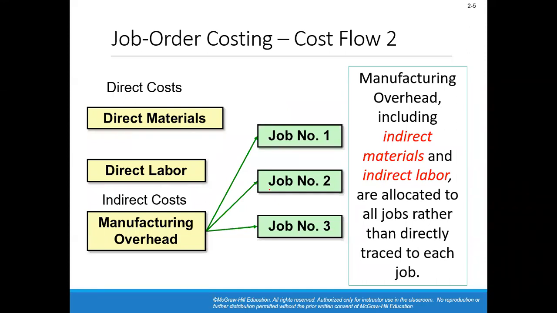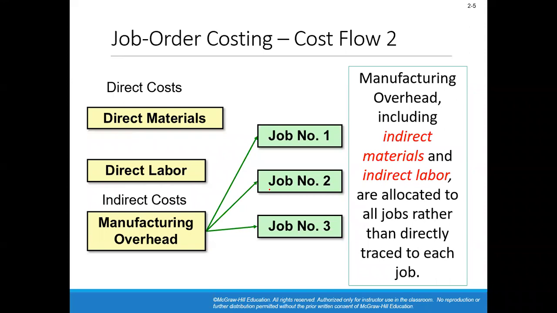I'll show you whether there's any solution. Okay. Sometimes we have a tendency to force an indirect cost to become a direct cost. It cannot be. We cannot force some manufacturing overhead cost to act like a direct cost. By nature it is an indirect cost.